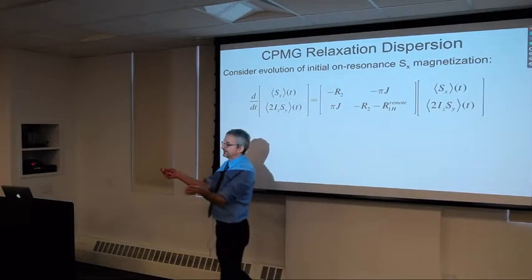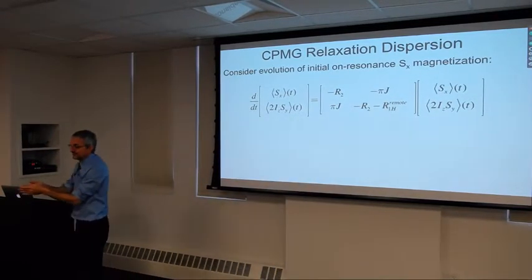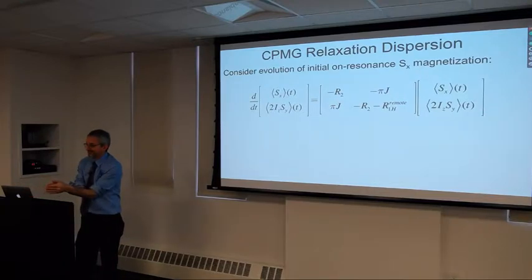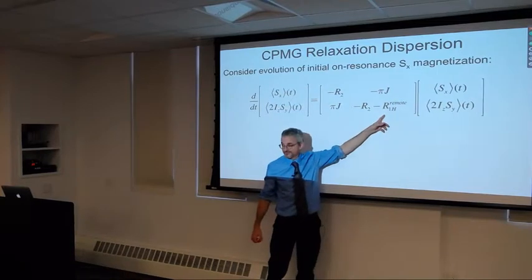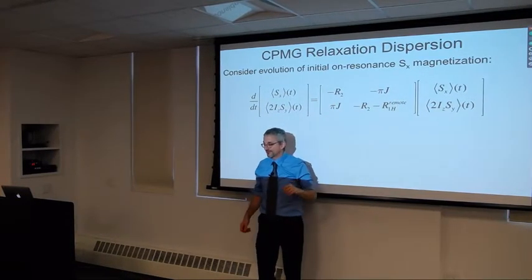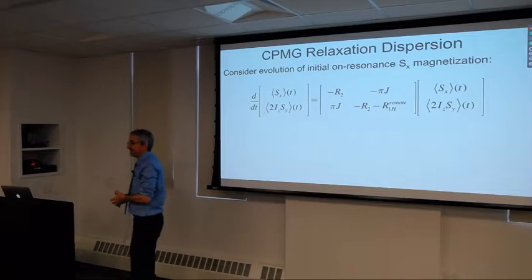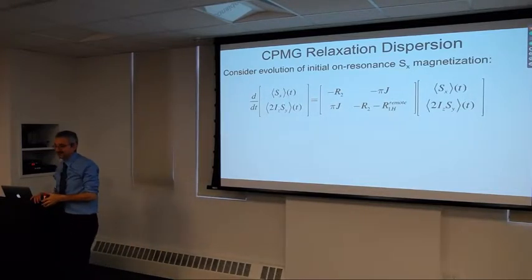Even if the J coupling is eventually refocused so that we come back to in-phase magnetization, the amount of in-phase magnetization that we end up with after a spin echo will depend on how much additional relaxation there was as the J coupling evolved, because that antiphase operator that was created and then refocused is relaxing faster than the in-phase operator is. We can make that effect smaller by deuterating, but we can't make it go away.